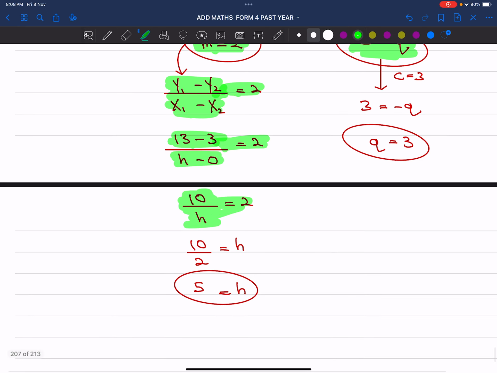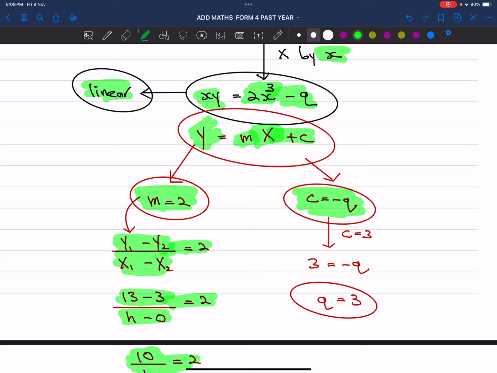The c is the y-intercept, which is 3 given. So I substitute the c with 3. So I have 3 equals negative q. I multiply by negative on both sides. I will get q equals negative 3.